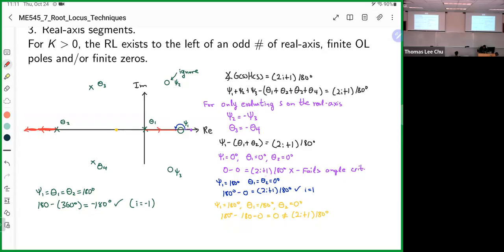So where psi is 180 and the zeros are 180 here. Oh yeah, I see what you mean. Yeah, thank you. Oh, then this should be, oh yeah, minus 1 is still good there. Yeah.